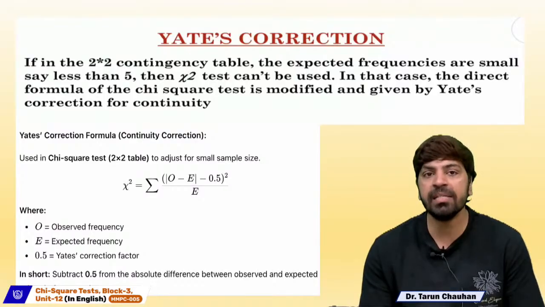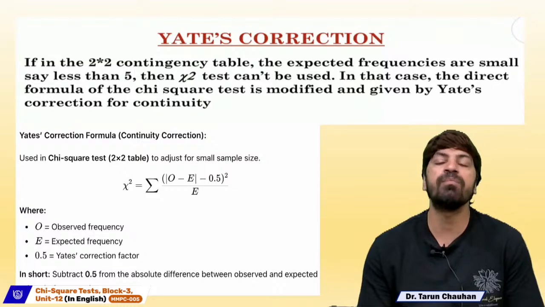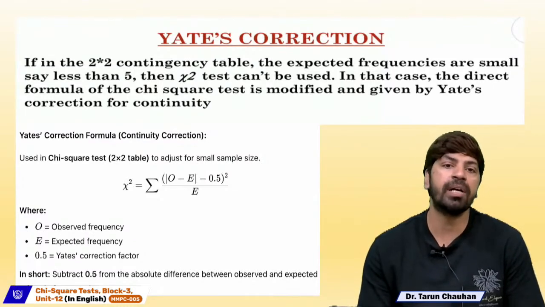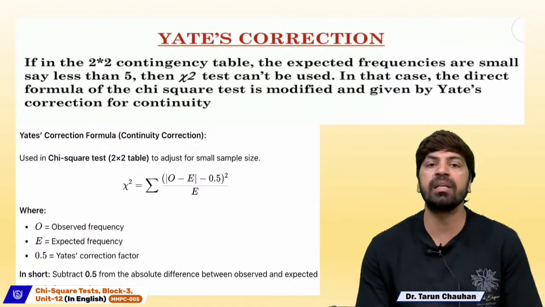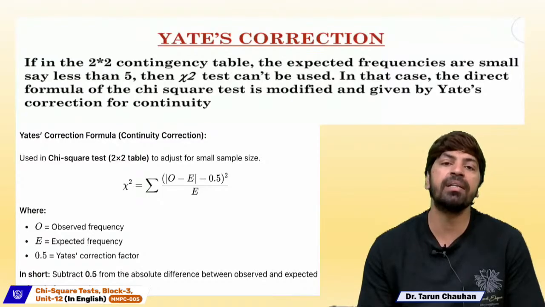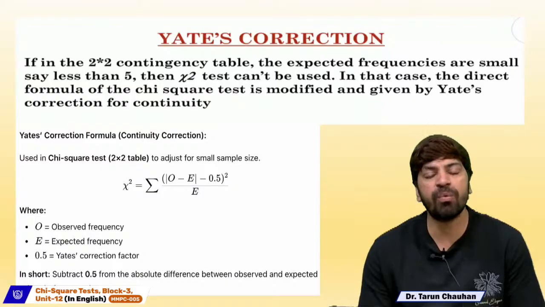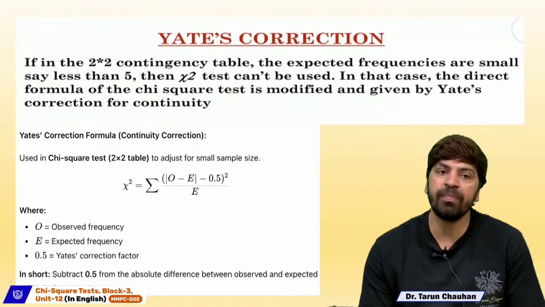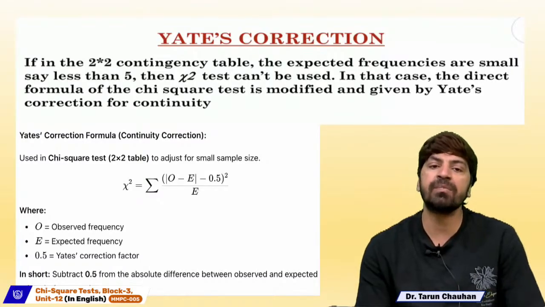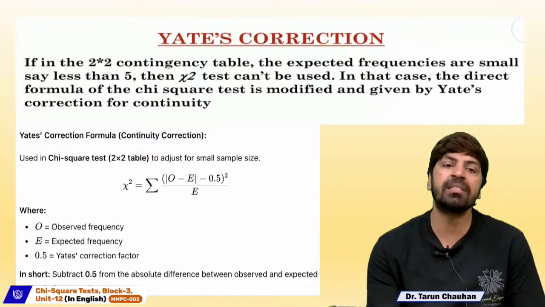In that case, the direct formula of the chi-square test is modified and given by Yates correction for continuity. The formula is sigma of modulus of O minus E, minus 0.5, whole square, by E. O is the observed frequency, E is the expected frequency, and 0.5 is the Yates correction factor.